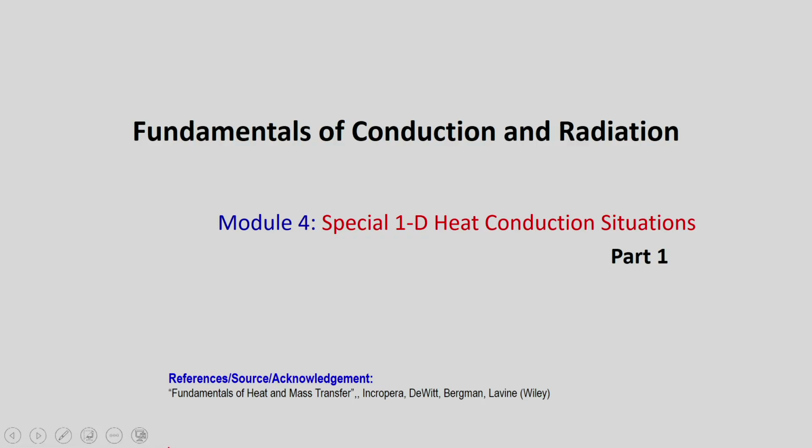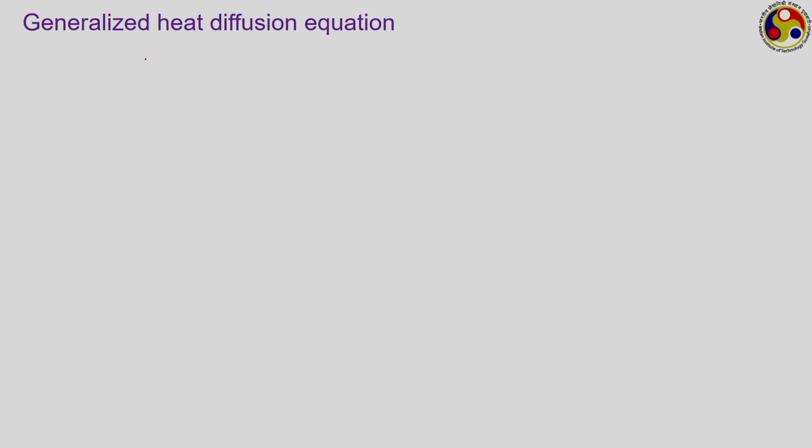Now, I am just going back to the generalized heat diffusion equation. While we developed the equations in 3 different coordinate systems, I am going to use only 2 of them here. Cartesian.